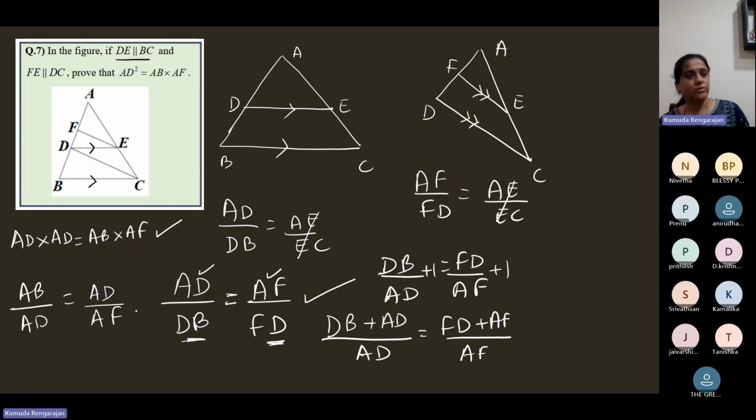So when you compare the two proportions, we got a new proportion, but when you try to cross multiply, you're not getting the result. So what do you do? Just stop. Don't cross multiply. Wait. That new proportion which you have and that answer which you get, you compare the line segments.